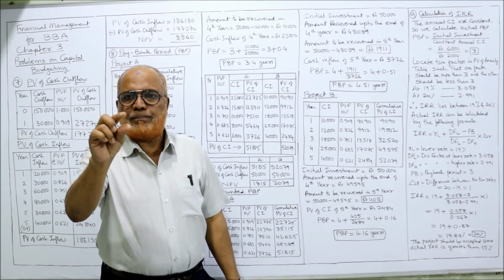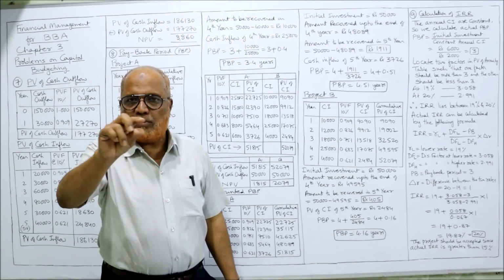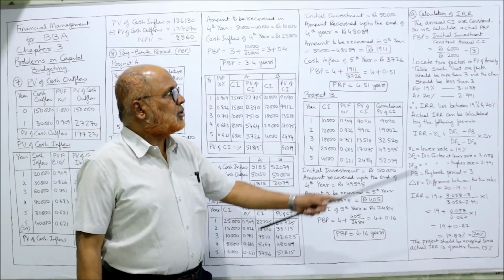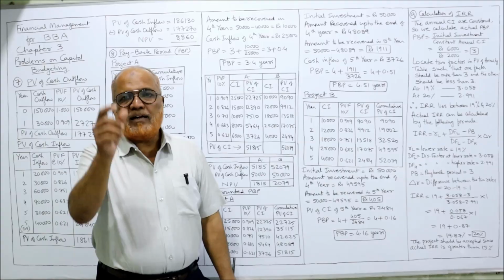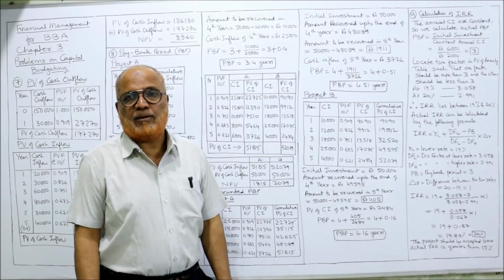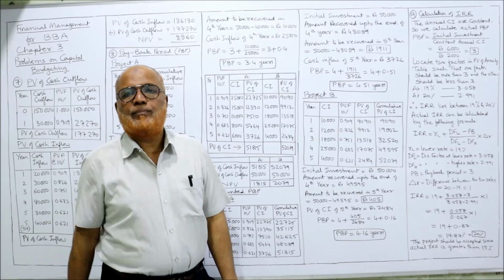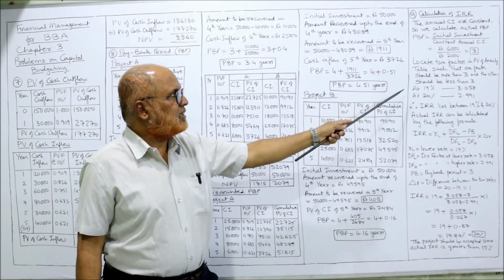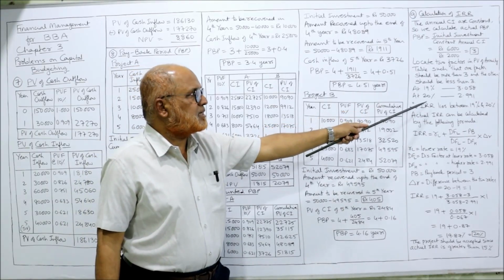Look along the row for 5 years in the PV of annuity table, one value more than 3, one value less than 3. You will find at 19%, 3.058, that is greater than 3, and at 20% it is 2.991, this is less than 3. So one value is more than 3, the other is less than 3. At what rate? 19% and 20%. So our actual IRR lies between 19% and 20%.